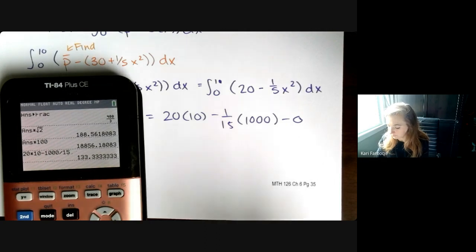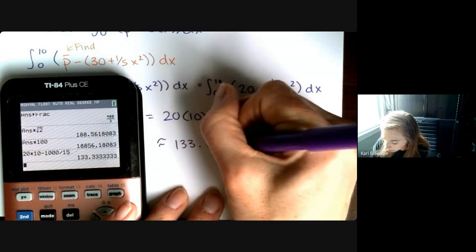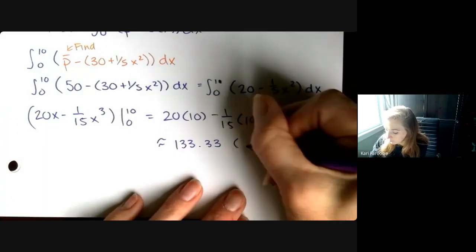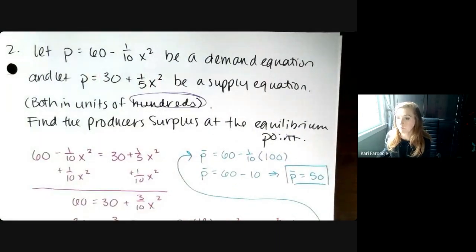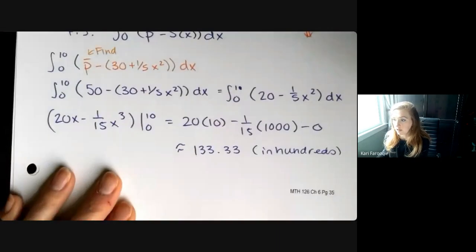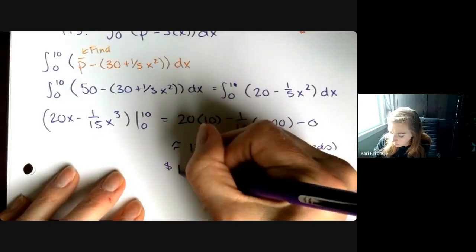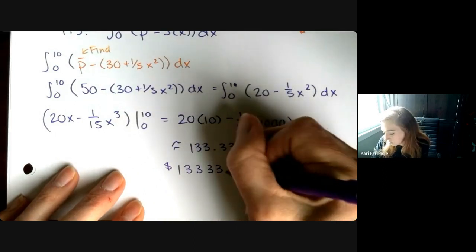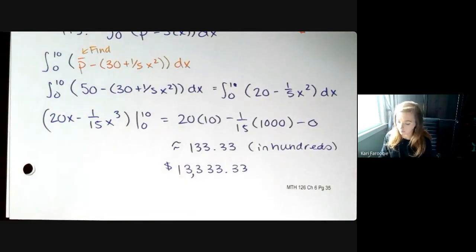And that gives me, remember I'm looking for a dollar amount here, 133.33, and this is in hundreds, because that was given to you in the beginning. So if that's the amount you found in hundreds, multiply by 100, and then you'll get your dollar amount to be $13,333.33.